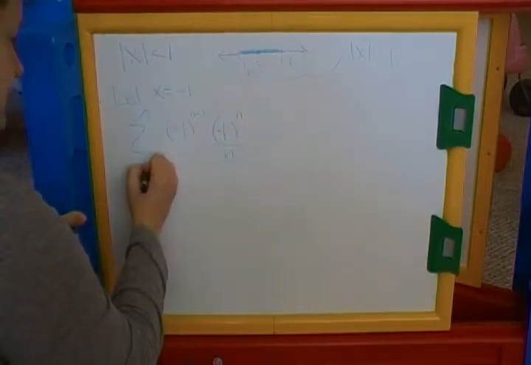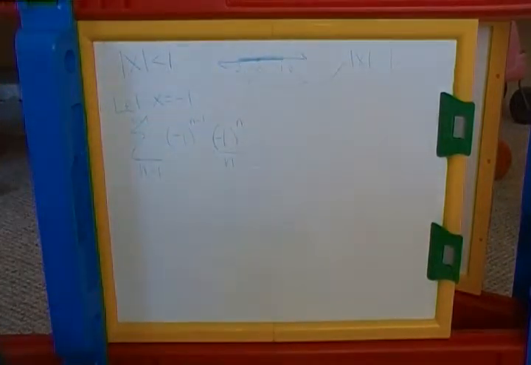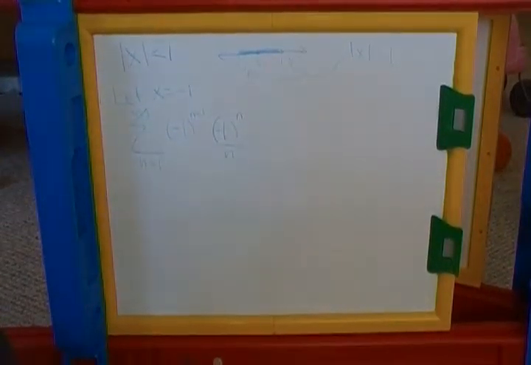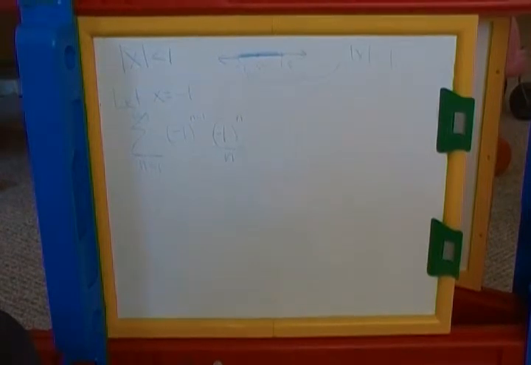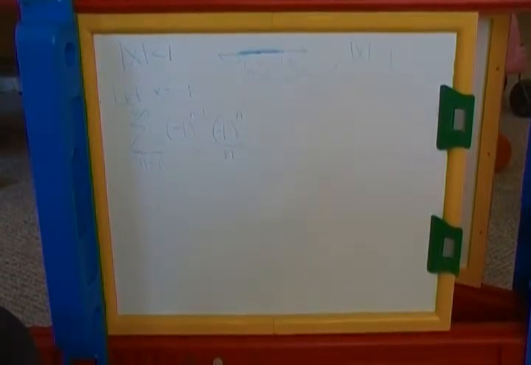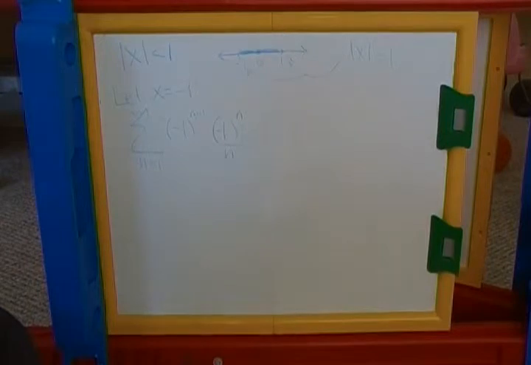Because I'm checking where x is -1, this is no longer a power series. This is just a series, right? Because I don't have x's anymore. X is being replaced by -1. So I have to figure out if this series converges or not. And this is like a brand new problem I could have given you last week in class. You'd have to just know how to decide if this thing converges or not.